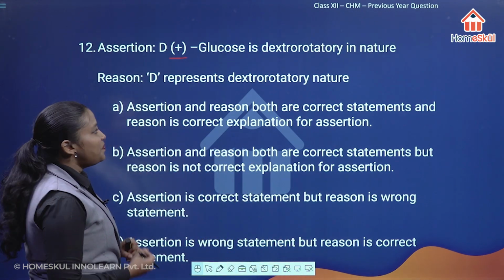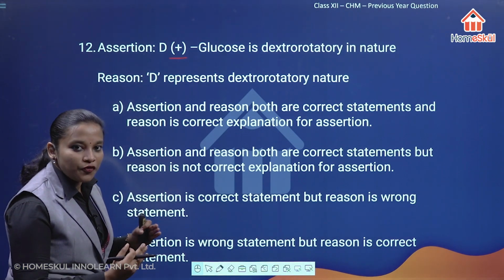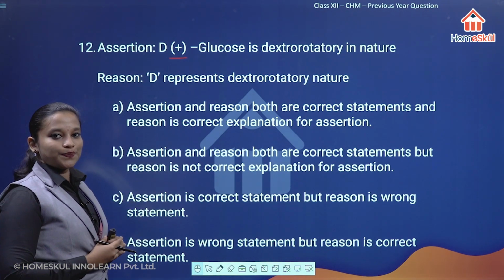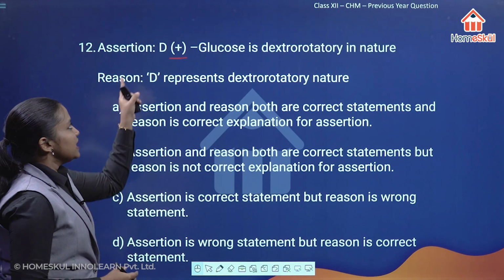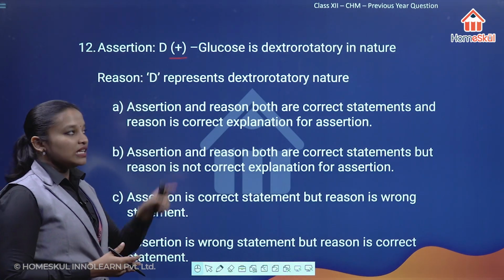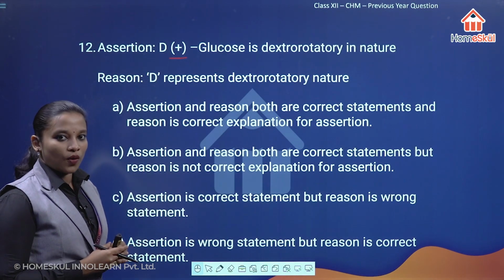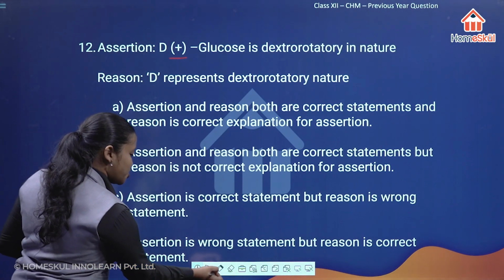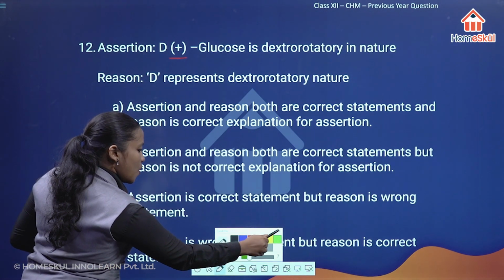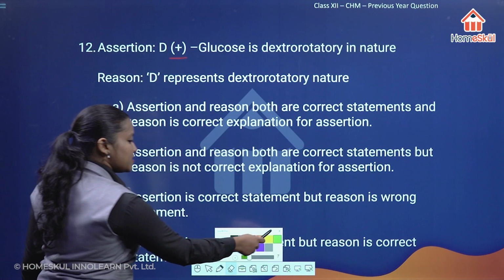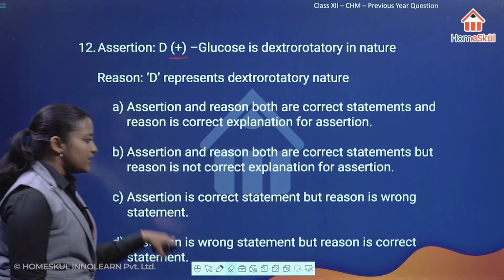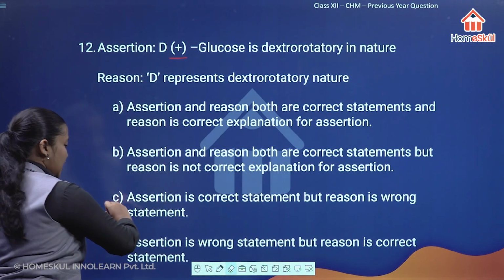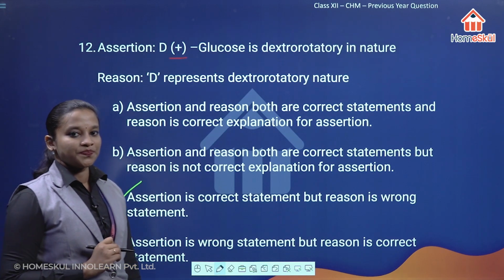So, D simply represents the configuration of the molecule. So, here the assertion is correct, the reason is false. So, what is the correct option? Yes, the assertion statement is correct, but the reason is wrong. C is the correct option.